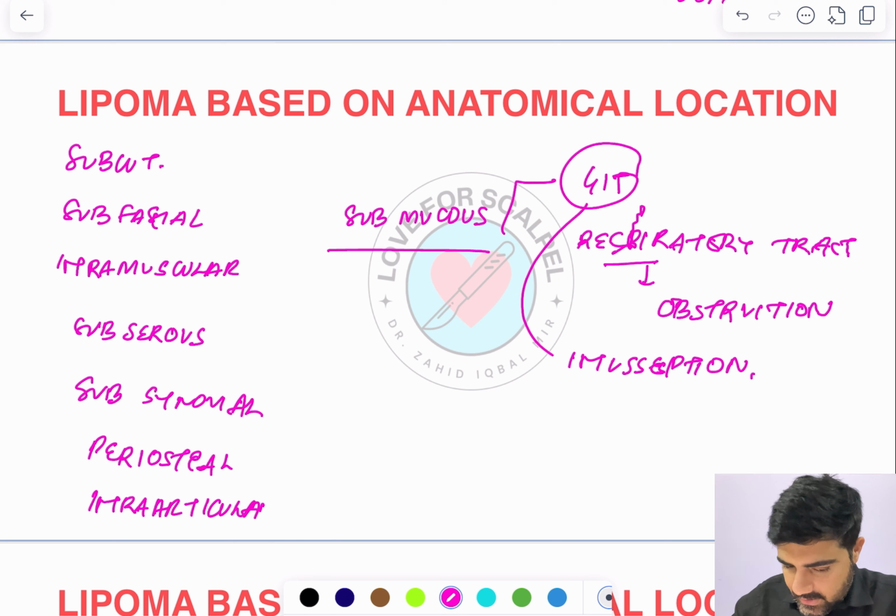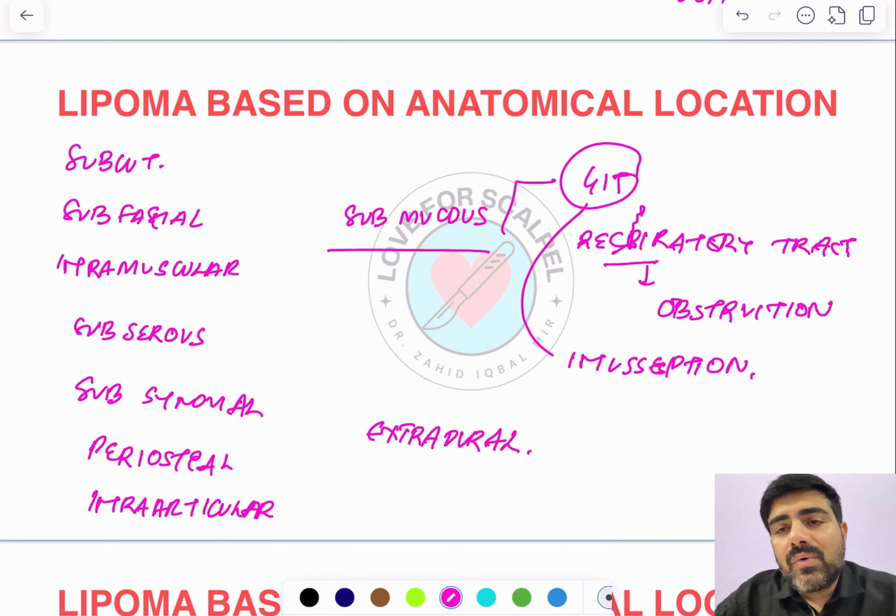Then we have extradural. Although we know that intracranial lipomas are very rare, there are some reports of intracranial lipoma also. But extradural, here we are talking about spinal.